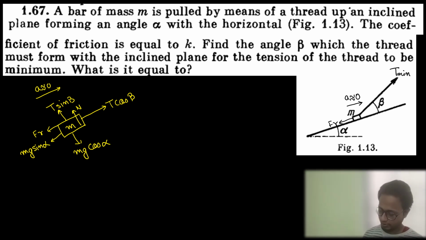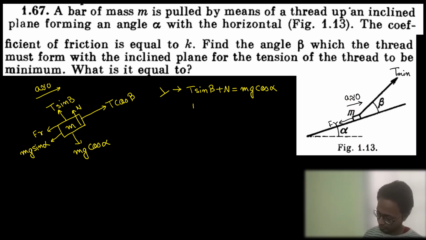So our first question is, what is the value of N? From the components perpendicular to the inclined plane, we get T sin beta plus N is equal to mg cos alpha, because there is no acceleration perpendicular to the incline.